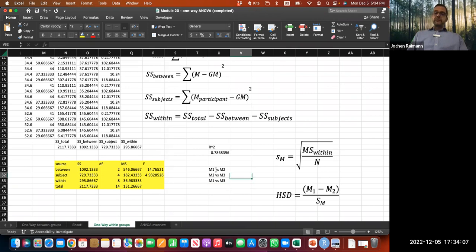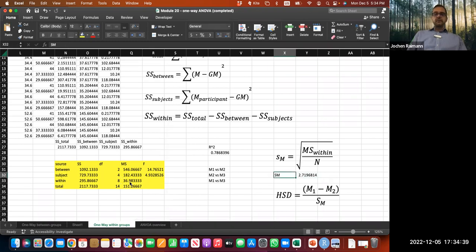So if we are calculating now our SM, so SM is the square root of MS within divided by the N, which essentially is 5.